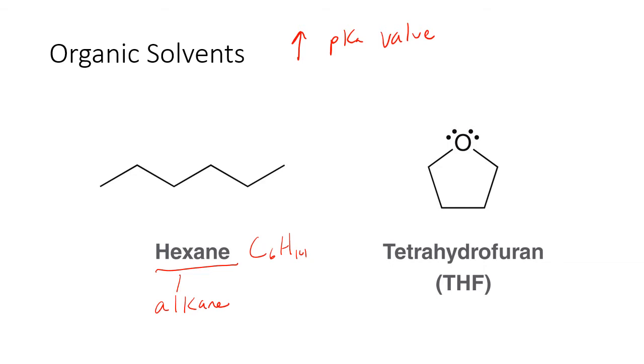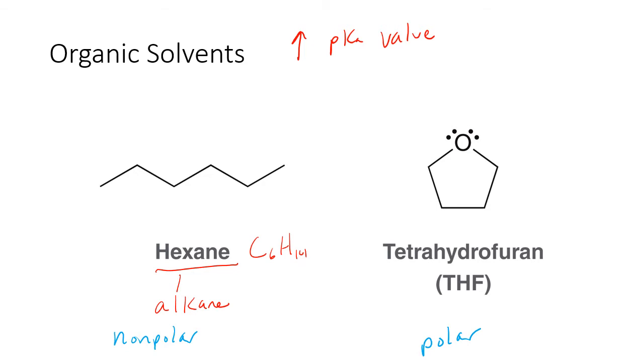That's your quick way to figure out the formula for any alkane. And alkane is nonpolar. So things like hexane and pentane, when you're using those, you want a nonpolar solvent to be able to dissolve and facilitate your reaction. Versus if you need an organic solvent that is polar, something like tetrahydrofuran, which is THF.